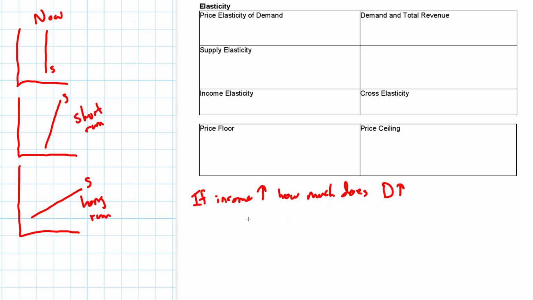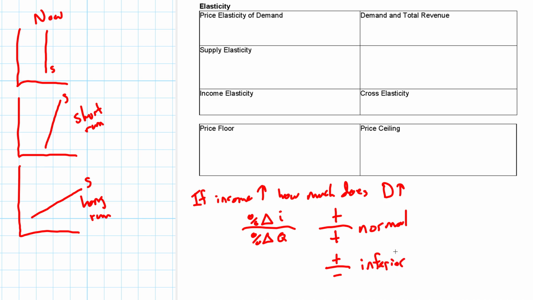So if we have the percent change in quantity over the percent change in income, if your income change is positive and your change in quantity is positive, these are normal goods. However, if your income goes up and your quantity demanded goes down, these are inferior goods. If my income goes up, I'm going to buy fewer bus tickets because I'm not going to take the bus anymore. I'm taking a cab. And the opposite is also true. If my income goes down, I'm going to buy more bus tickets.